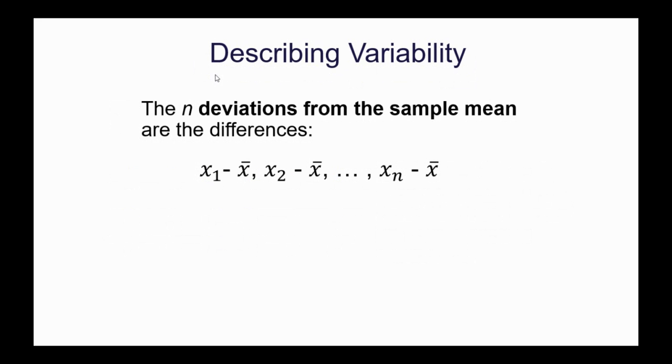Then the deviation from that mean would be like X1 minus X bar. So the first observation, X sub 1, minus the average. That's how far away from the average it would be. And we could find that for every observation.